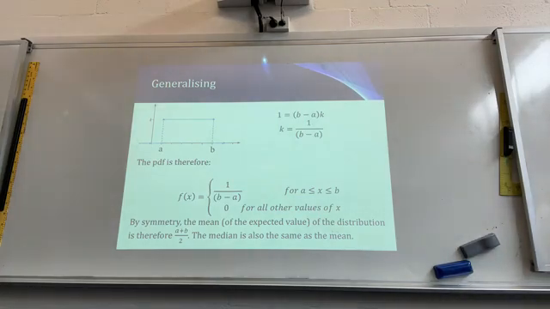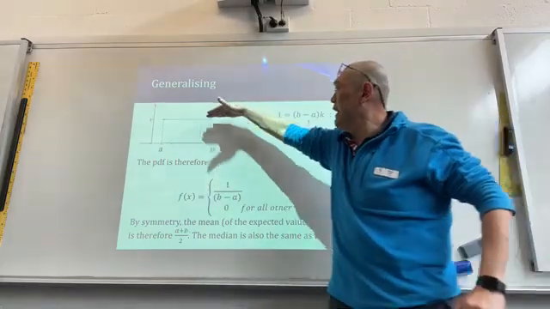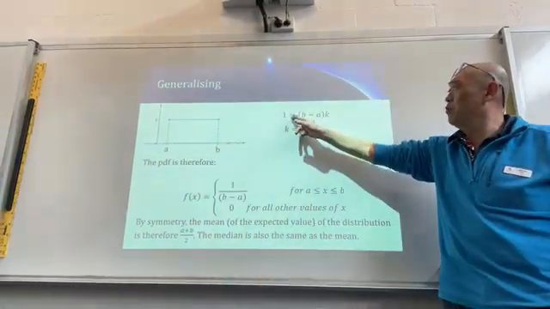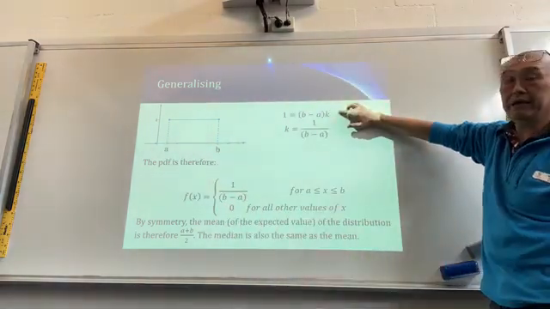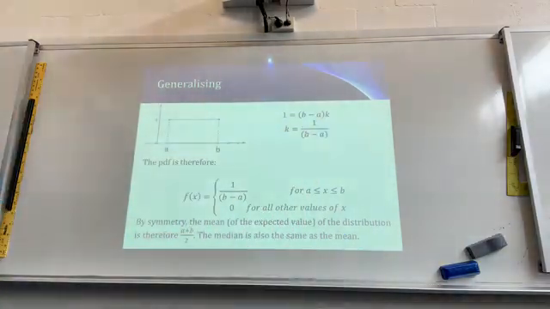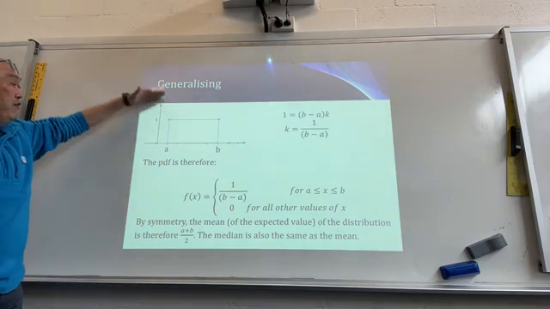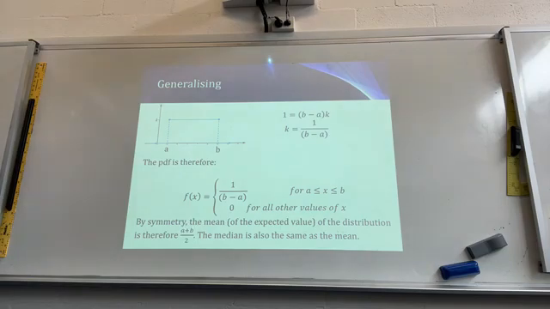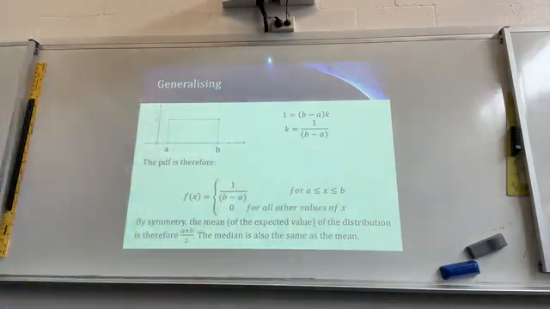If I've got A and B as the limits, and that's K there, you know the area is 1, which equals B minus A, that length, times K. So therefore, K is 1 over B minus A. And to write it out, instead of a graphical representation, it's just f(x) equals 1 over B minus A for the domain between A and B, and 0 for all other values of x.